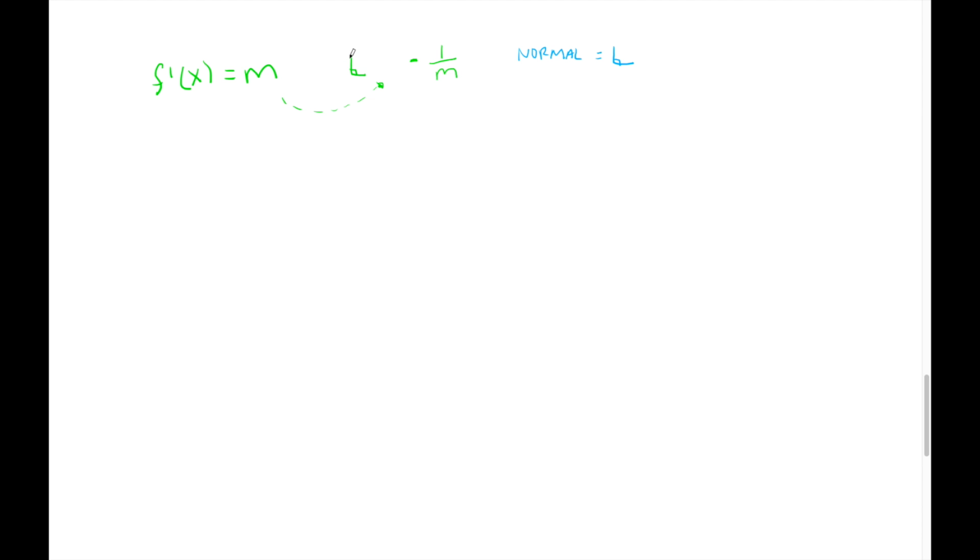If you want the line perpendicular or normal to that tangent line, we know that the slope of anything that's perpendicular to a straight line would be the inverse of that slope, and we change the sign. So if our slope was m, the slope of the perpendicular line would be negative 1 over m, and whatever number we get there, we just go through the motion, and that's pretty much it. And that would give us instead the line that is perpendicular to that exact point on our original function.